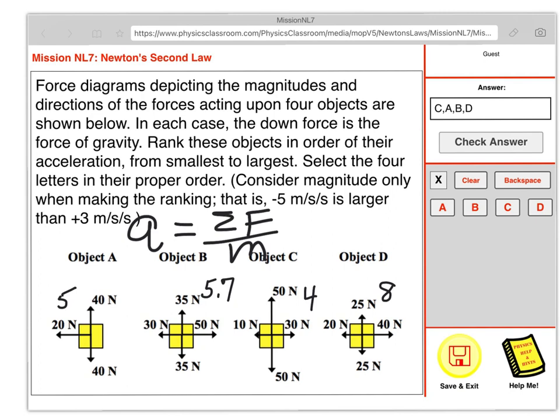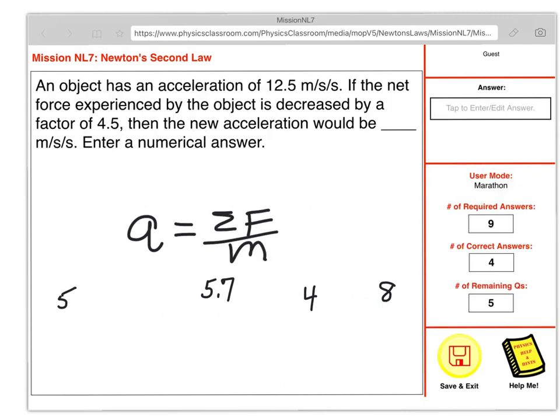So you could have actually done this, if you follow what I'm saying, without doing the calculations, because the net force is the same for all of them. Anyway, that's the set of answers you should have gotten.